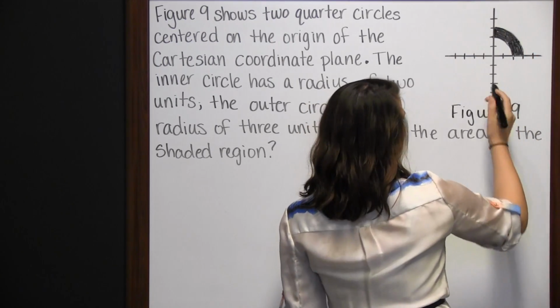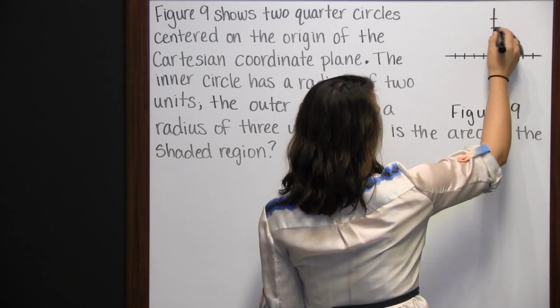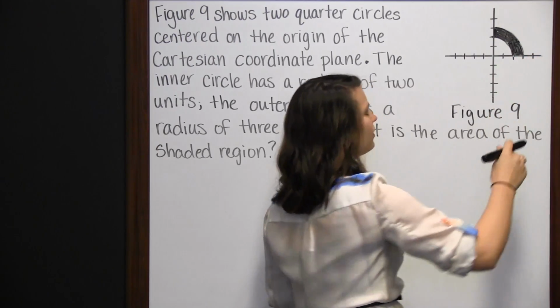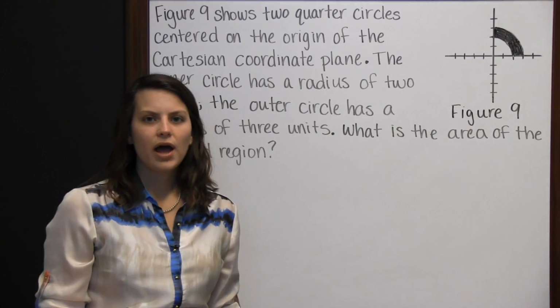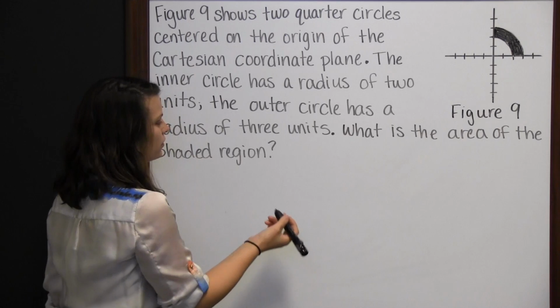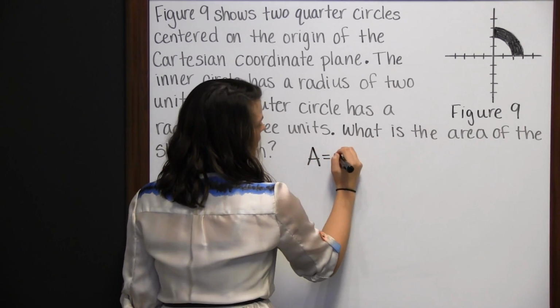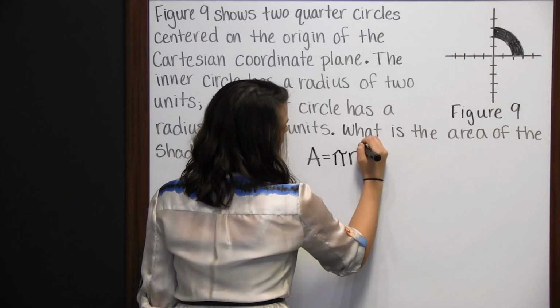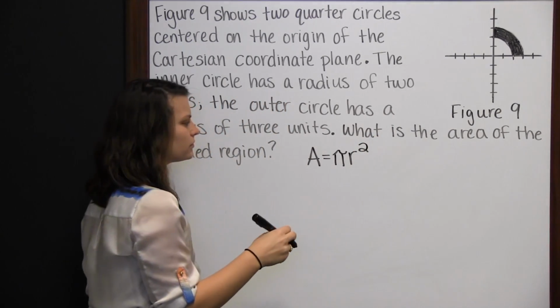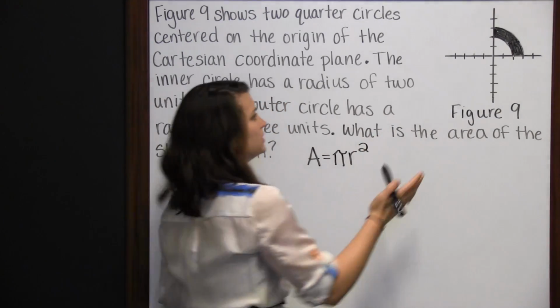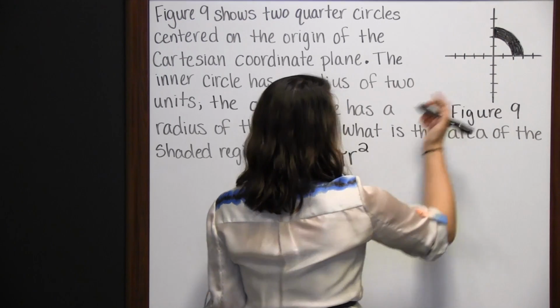So since it's been split into quarters, all we're finding the area of is a quarter of those circles. So first let's start with what the formula for the area of a circle is. It's pi times radius squared. As we discussed though, this is only a quarter of these circles.